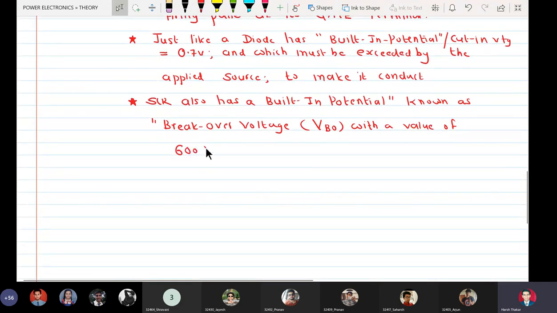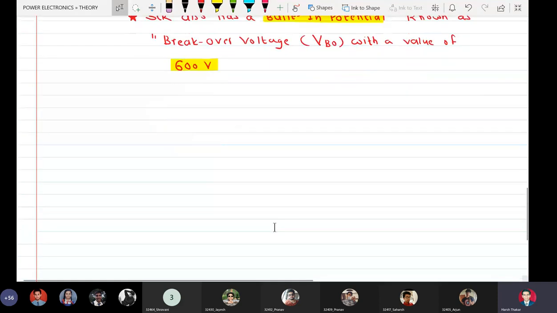I repeat, 600 volts. So just like a diode has a built-in potential of 0.7 volts, SCR also has a built-in potential with a value of 600 volts. So just like the applied source must exceed 0.7 volts to make the diode conduct, the applied source must exceed 600 volts to make the SCR conduct. So that is why an SCR does not start conducting even at omega t equal to pi by 2, when the single phase AC reaches its peak value Vm equal to 325 volts.